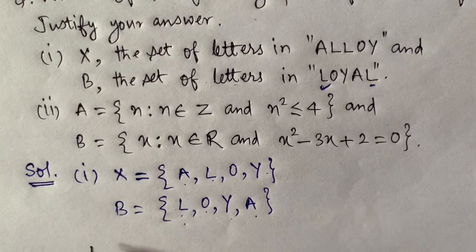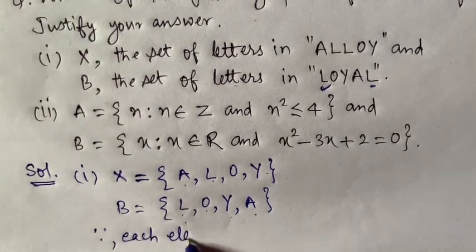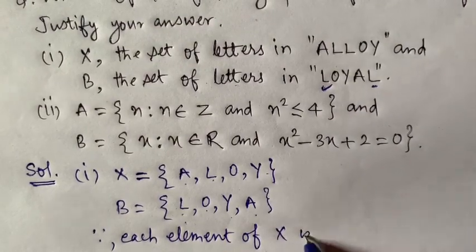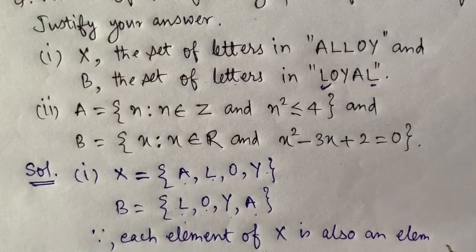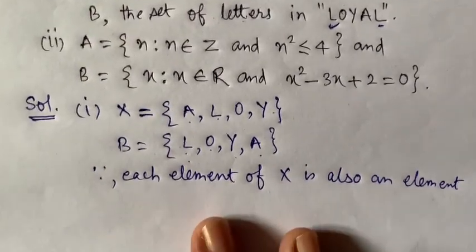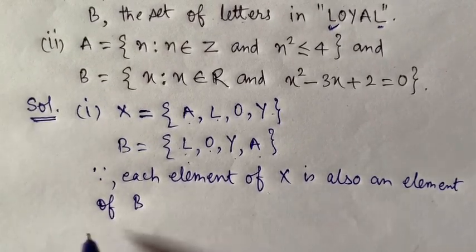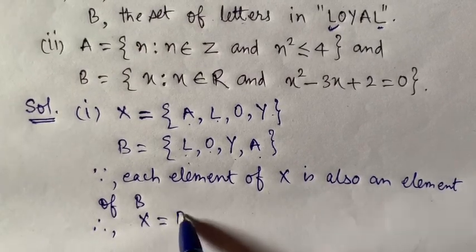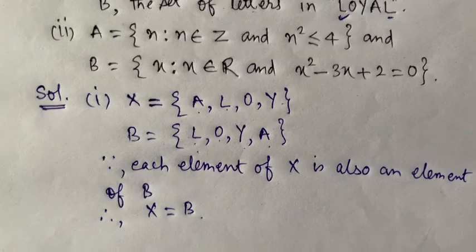So since each element of X is an element of B, therefore X is equal to B. That means this pair is equal.